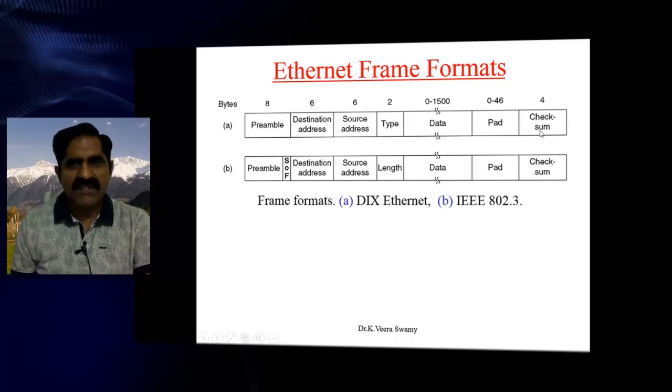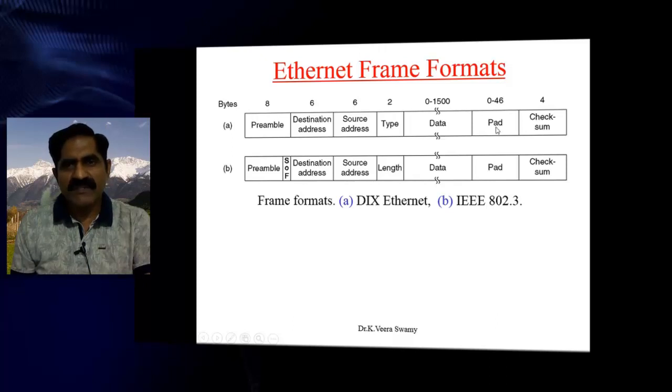Even though here we call it checksum, we are using the term in a general sense. This we'll discuss in the coming slides. What is the checksum, and now what is pad? This pad varies from 0 to 46 bytes.